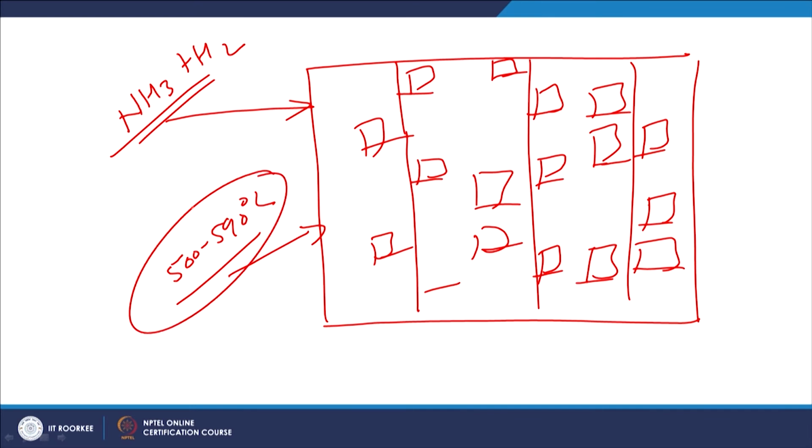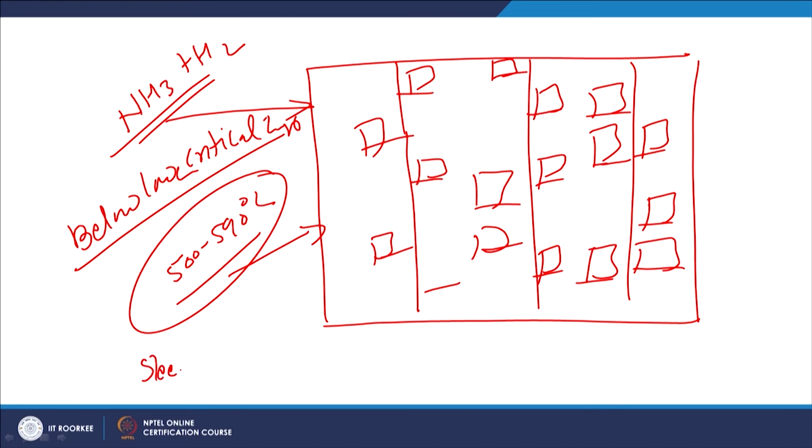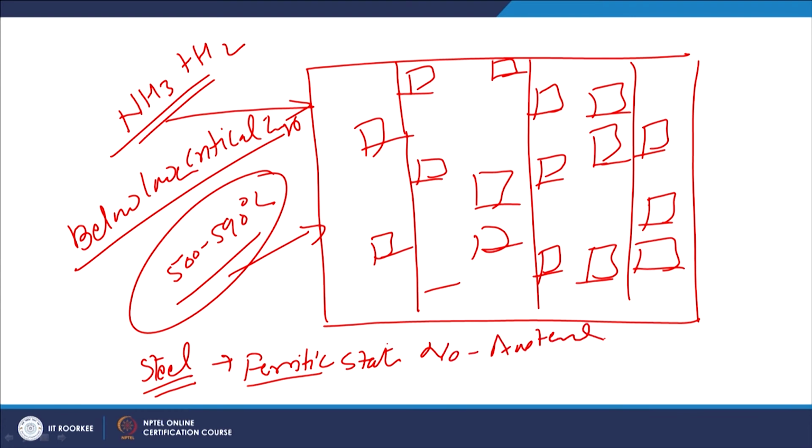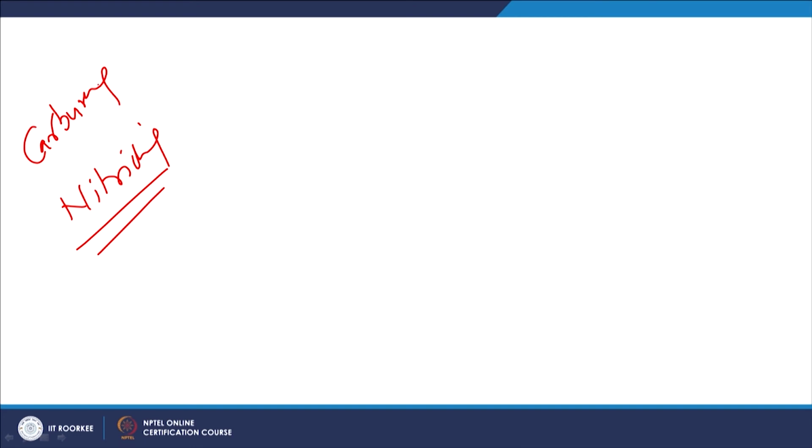If we see this temperature range carefully, this is the temperature range below the lower critical temperature in the iron carbon diagram. So, steels when heated to 500 to 590 degrees centigrade remain in the ferritic state and no austenitic transformation is observed under these conditions. Primarily, this means carburizing is performed in the austenitic state, while nitriding is performed in the ferritic condition.